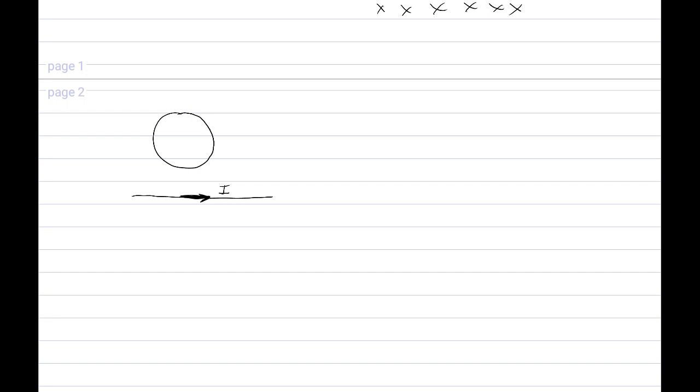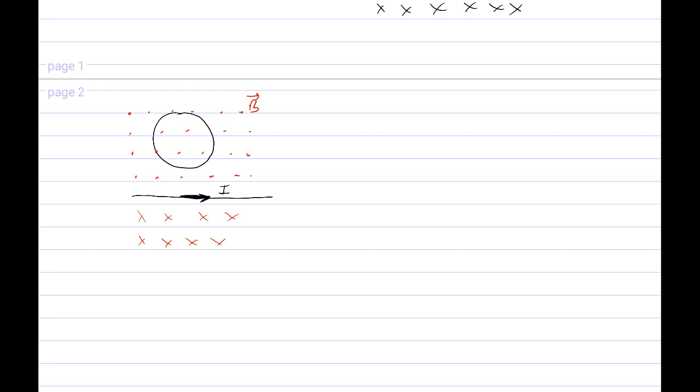So place your thumb in the direction of the current, and the bent fingers above the current will come out of the page. Like this. And we really don't care about it, but below the current, the magnetic field will go into the page. So that is the magnetic field due to the current.